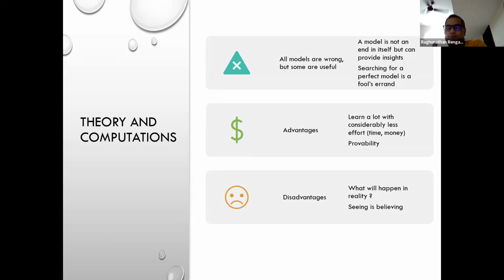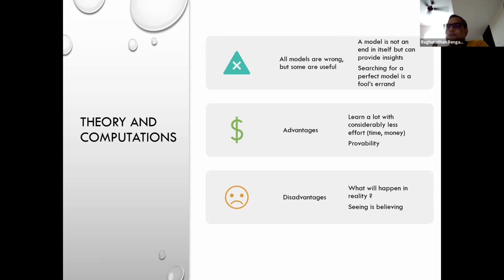In the work I'm going to show you in the short 25 minutes, we look at simple models that allow us to embed them into a larger optimization framework that will give us lots of interesting ideas. The advantages of this approach are that we can learn a lot with considerably less time and effort. And with a well-developed model, you can do tons and tons of experiments and prove some things.